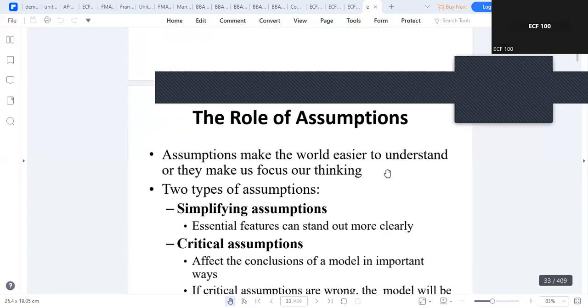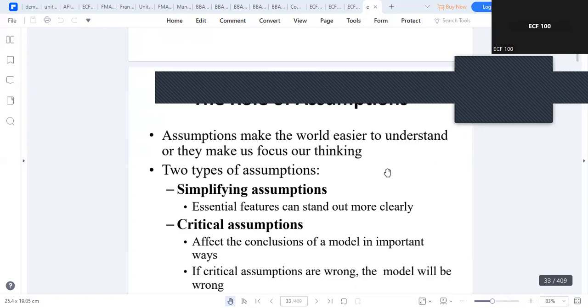There are assumptions that economists make when they want to focus on the economy. There are two: what we call the simplifying assumptions and the critical assumptions. Simplifying assumptions are essential features that can stand out more clearly. Critical assumptions will affect the conclusions of the model.